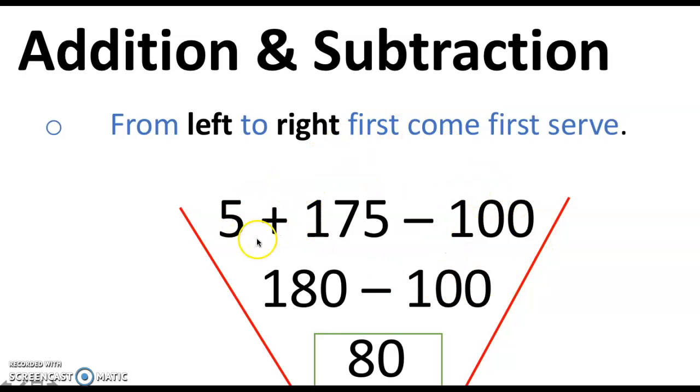So in this particular expression, we would solve 5 plus 175 first, which is 180. And then we would rewrite the second half of the expression that hasn't been solved yet, which is the minus 100. You'd put it all together. 180 minus 100 is 80.